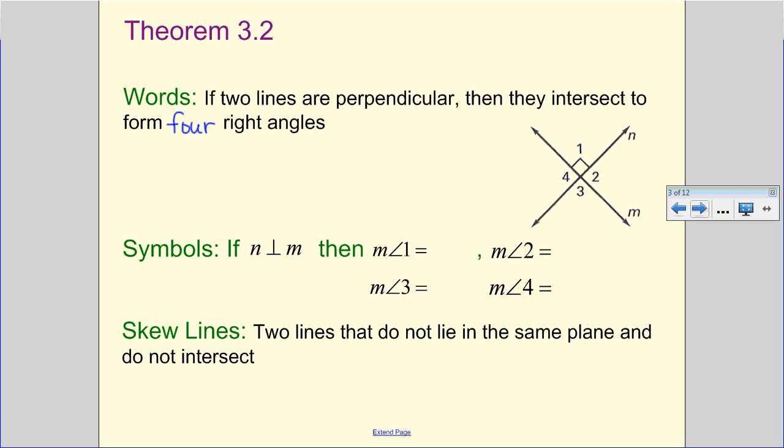If n is perpendicular to m, then angle 1 is 90 degrees. Using what we know about linear pairs, angle 2 would also have to be 90 degrees because these two make a straight line. Then angle 3 would have to be 90 degrees because angle 2 and angle 3 make a linear pair, and angle 4 would also be 90 degrees.